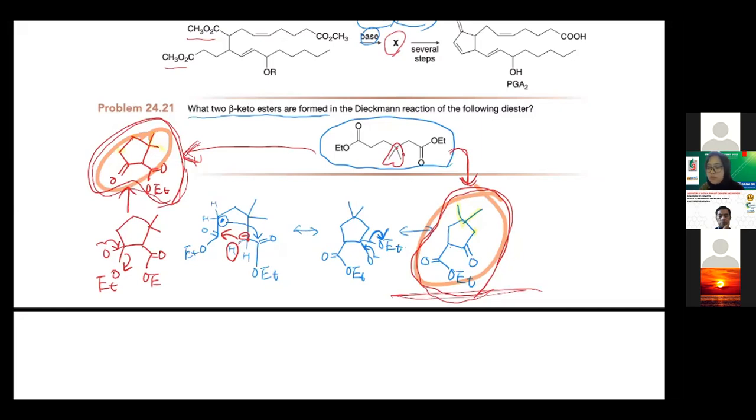Of course, it's better to design the starting material to get the desired compound. So organic synthetic chemists always try to find a good, reasonable way to synthesize the compound.